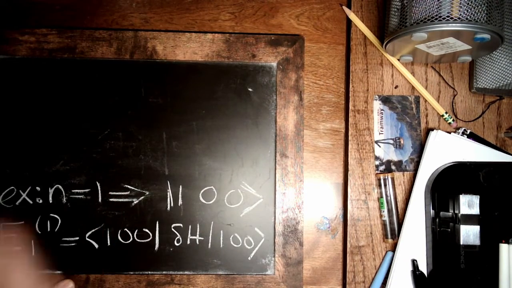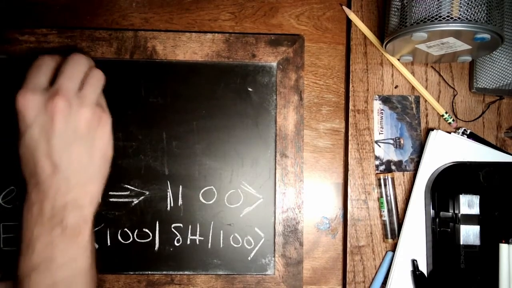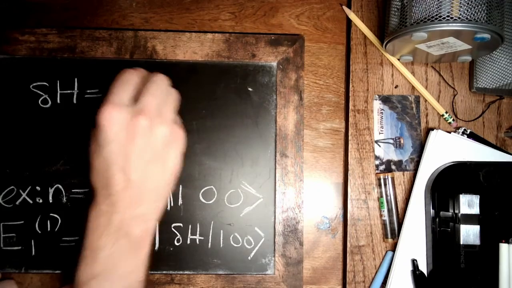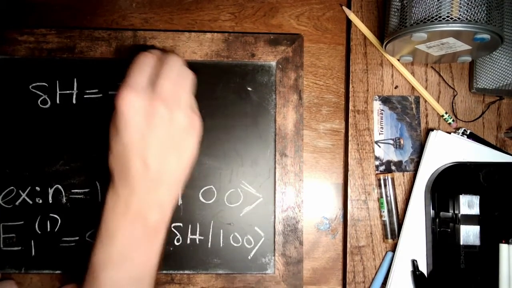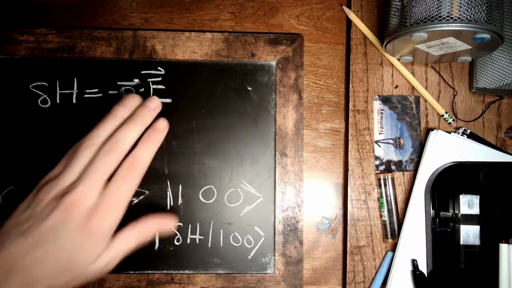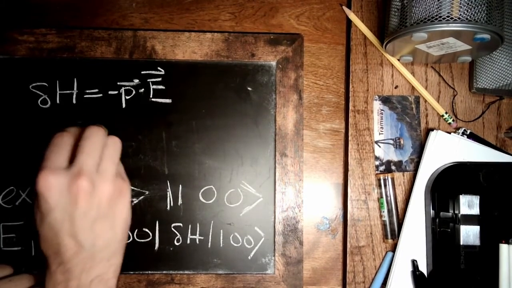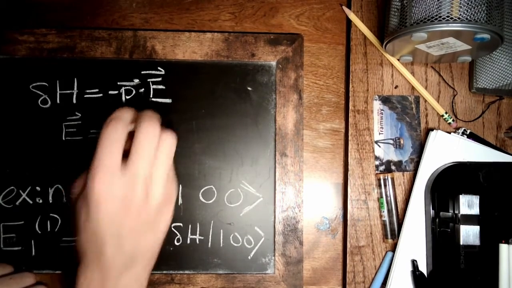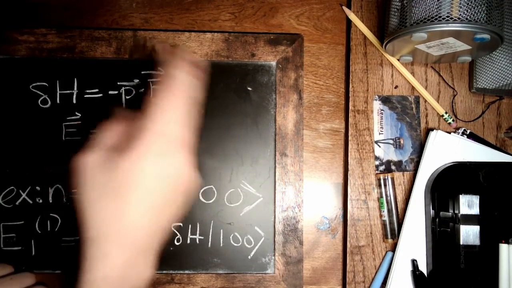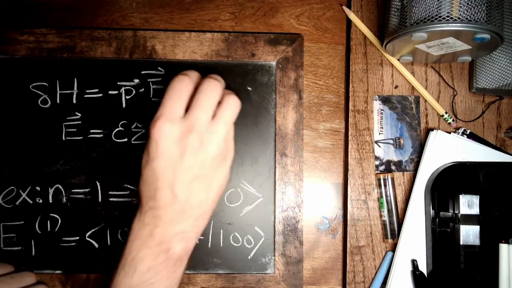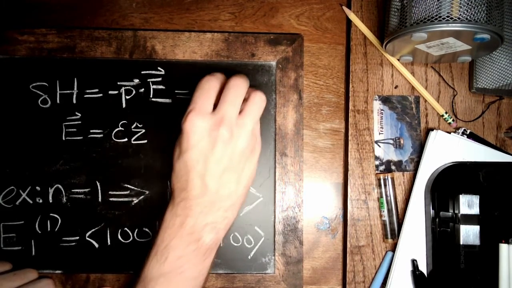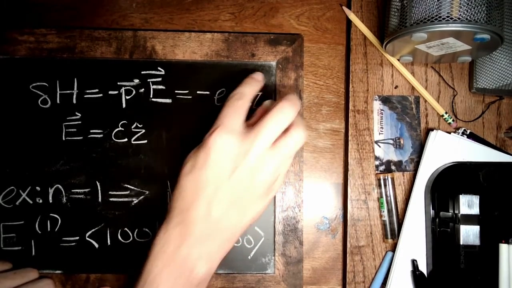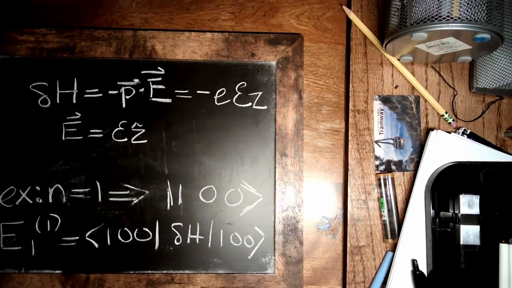And if we go back to what delta H was, delta H equals minus P dot E. Now if we say the electric field is just oriented in the Z direction, so E equals some magnitude times Z hat, this will simplify to be simply minus the electric charge, the magnitude, and then the Z operator.